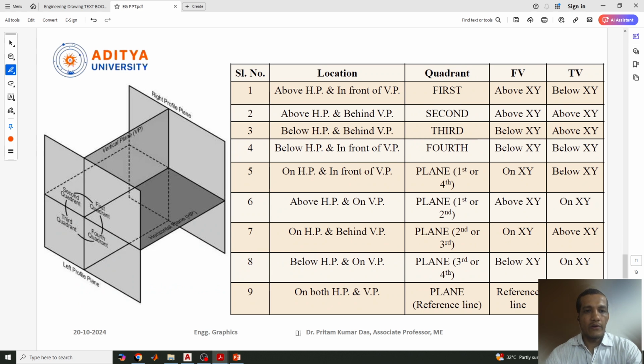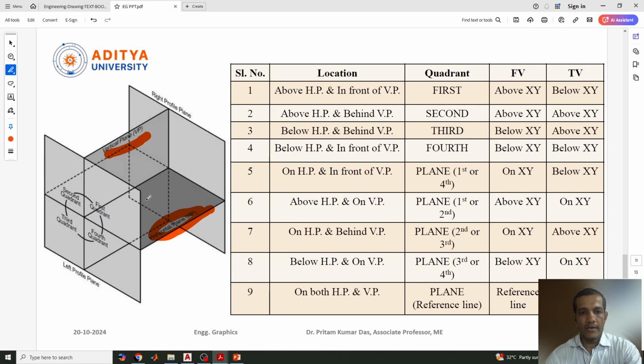Now we will see the location of the point. These are the different angles of a plane, what I have told you previously. This is your vertical plane, this is our horizontal plane, this is the right profile plane, and this is our left profile plane.